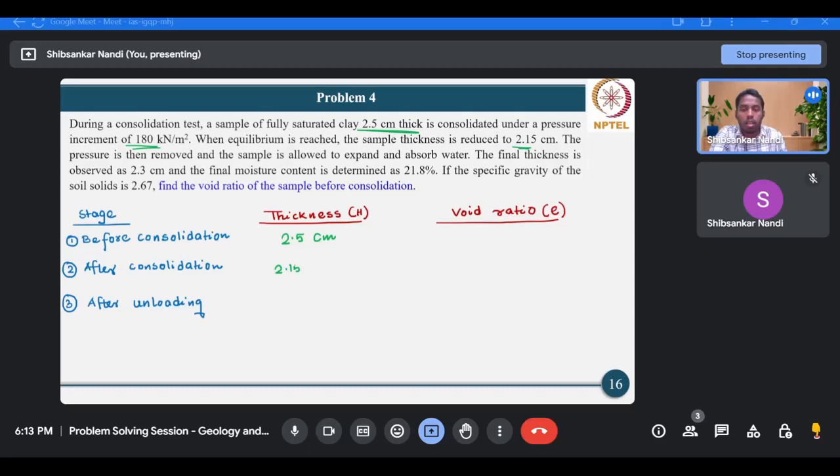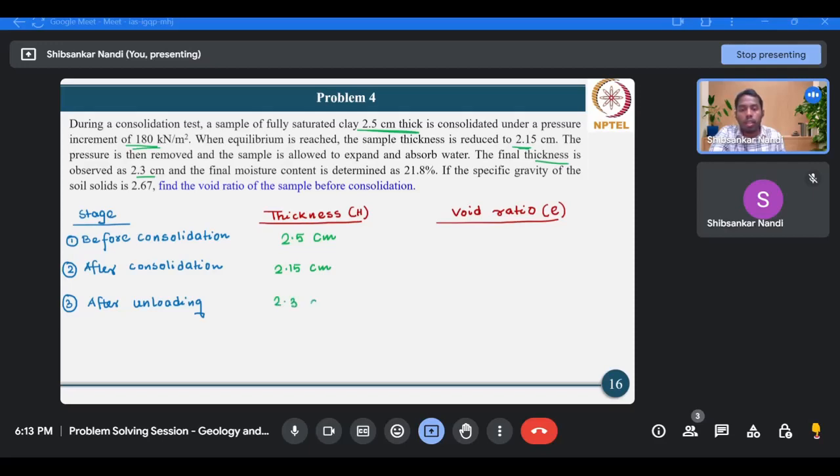This is the new thickness after consolidation. Then the pressure is removed and the sample is allowed to expand and absorb water, and as a result the final thickness is observed as 2.3.